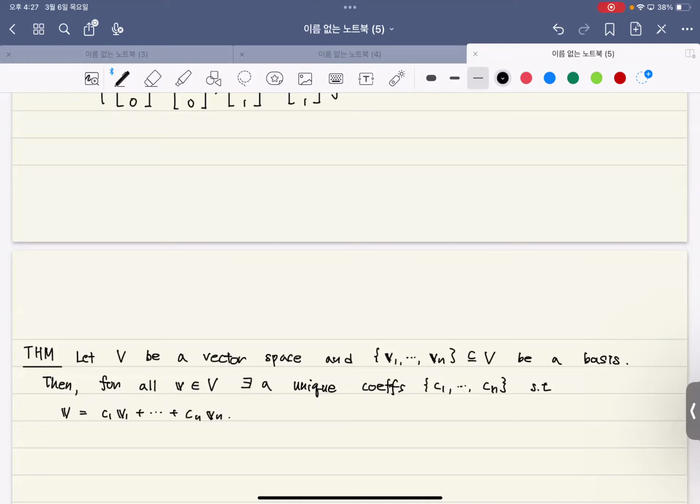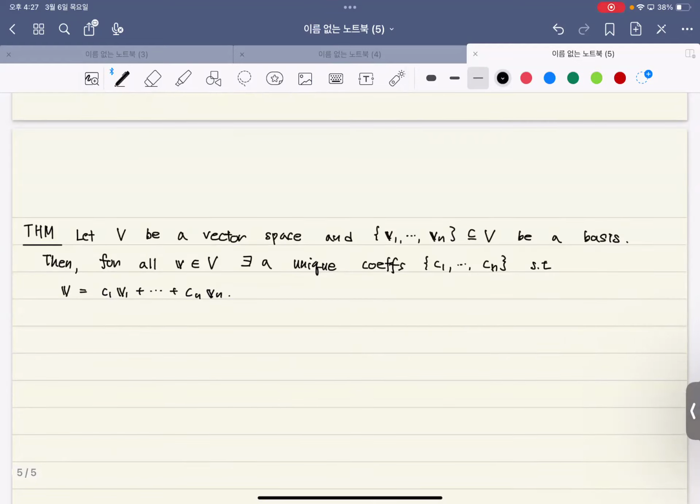Okay, anyway, that is enough explanation, and I want to prove the theorem. This theorem actually says two different things. The first is the existence of such coefficients, and the second is that such coefficients must be unique. I will prove the first part, the existence of the coefficients. I guess this is clear; there is nothing to prove. Why?